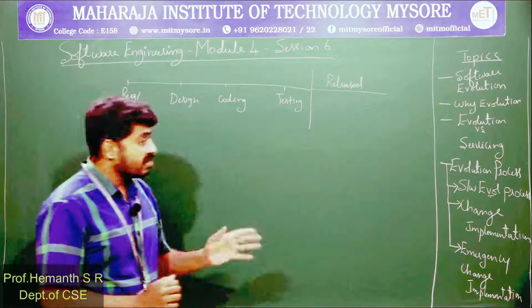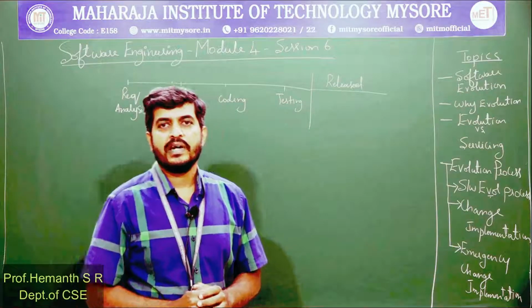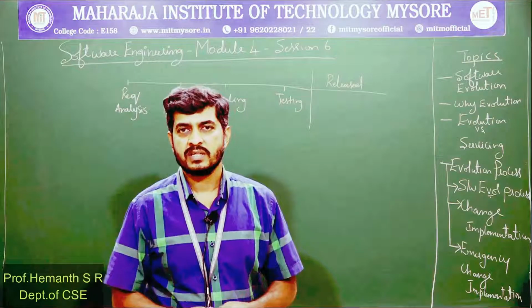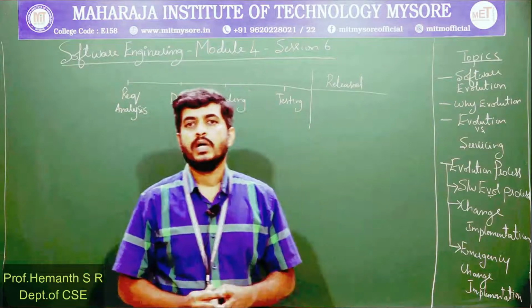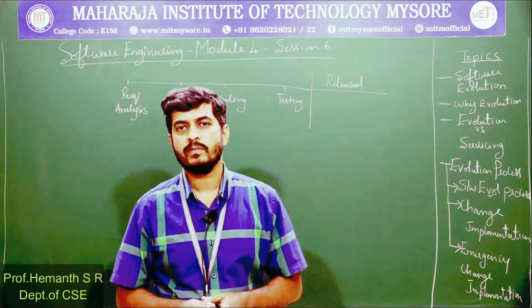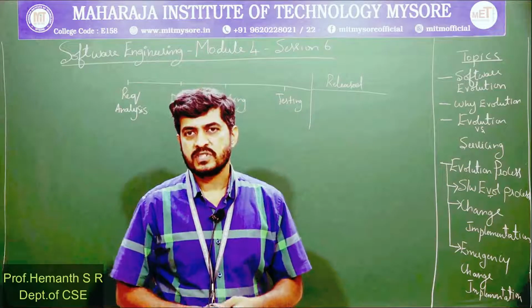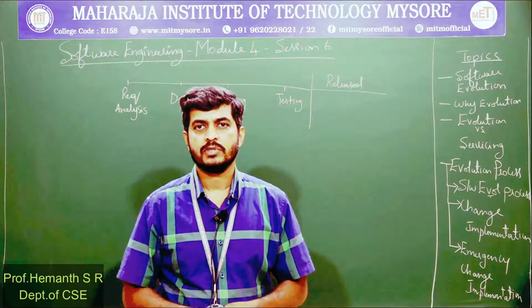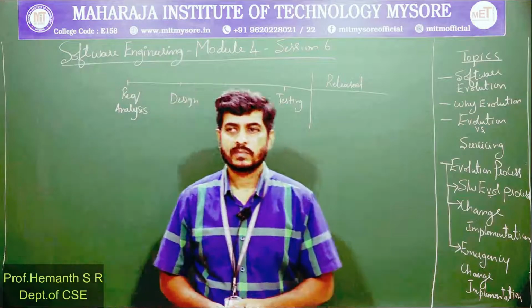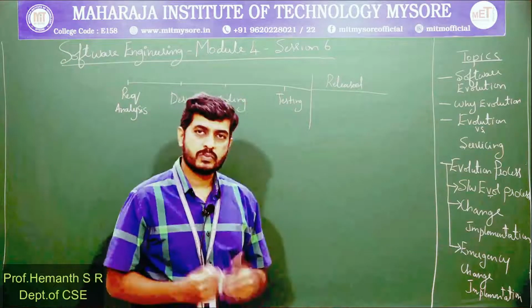Reasons for it we understood. Reason being, the requirements of the client may change continuously. New requirements may arise because of various reasons. The reasons include changes in the society, changes in the technology, changes in the policies of the government, or changes in the internal policy of that specific organization or the client. All these may result in emergence of new requirements, and that new requirement should be part of the software that is being used.